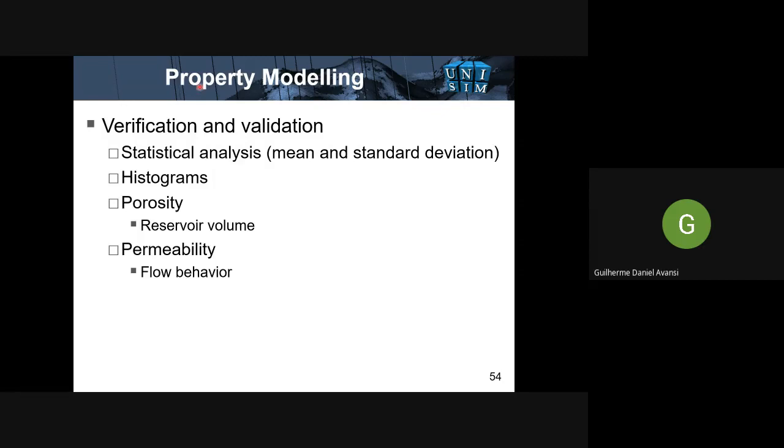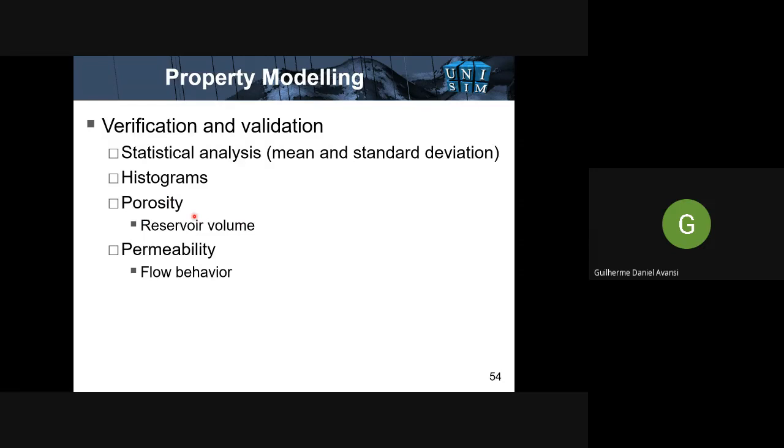This is a good test and good validation to see if we have the same pattern, the same distribution of all the properties. We have porosity, and it also applies to permeability. When we are talking about porosity, just to remember, porosity is static information. We use it to compare the volume of the cells.